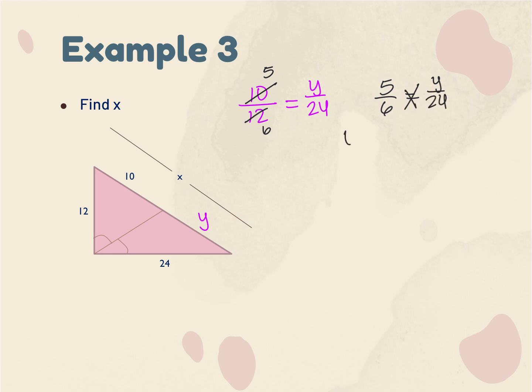I'm going to get 6y equals 120. Divide both sides by 6. Y is going to equal 20. So if I add it, I'm going to get 30. You could do it that way.